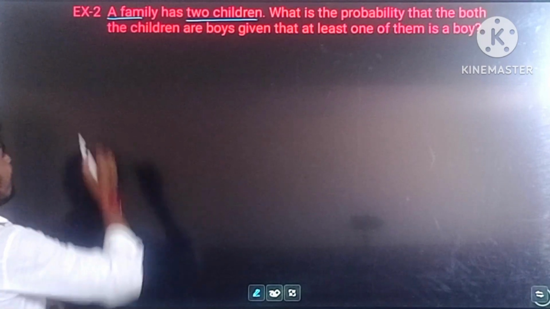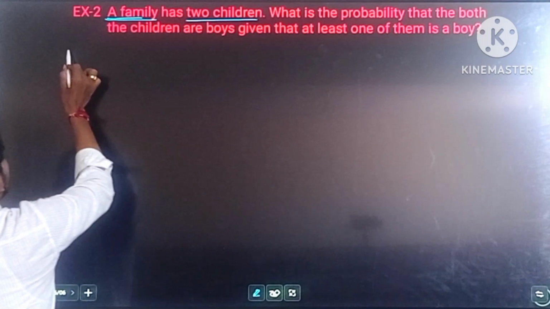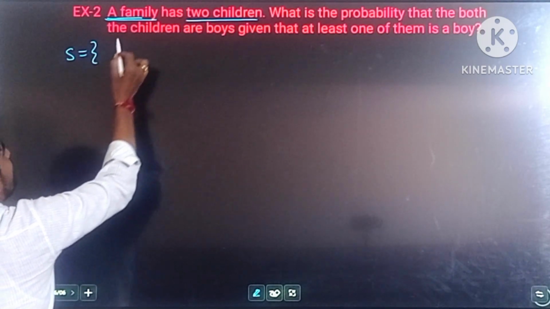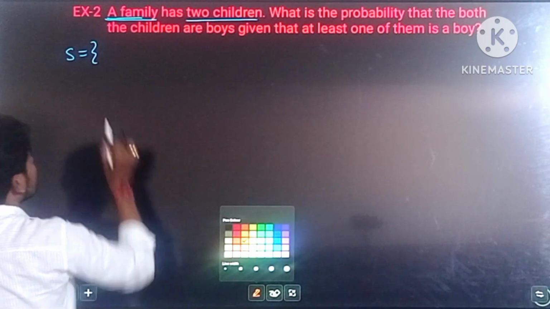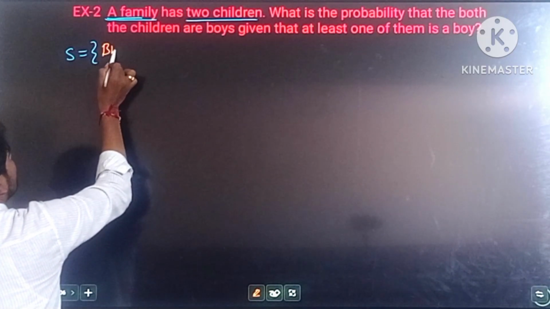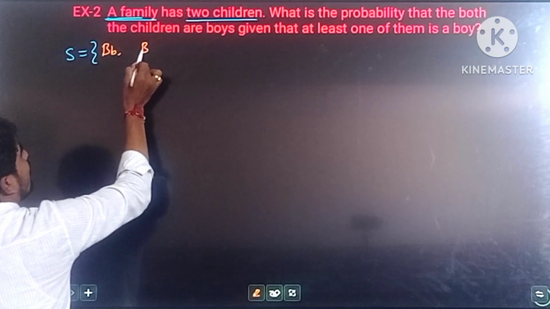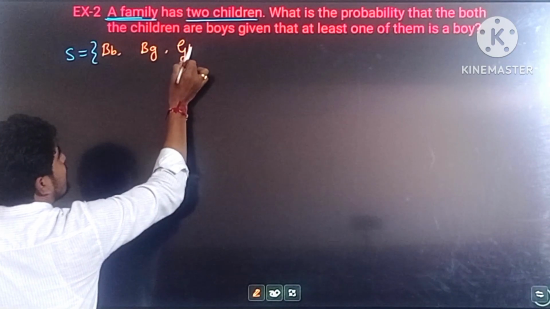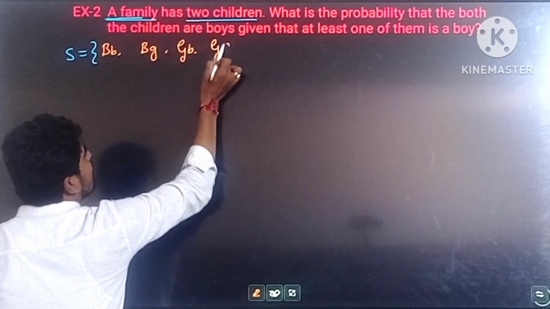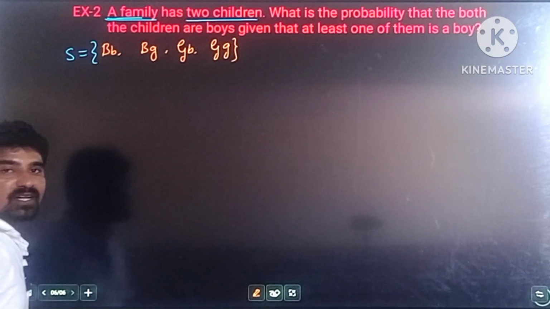So the sample space S is: both children are boys, or first is boy and second is girl, or first is girl and second is boy, or both are girls. I hope all of you understood.